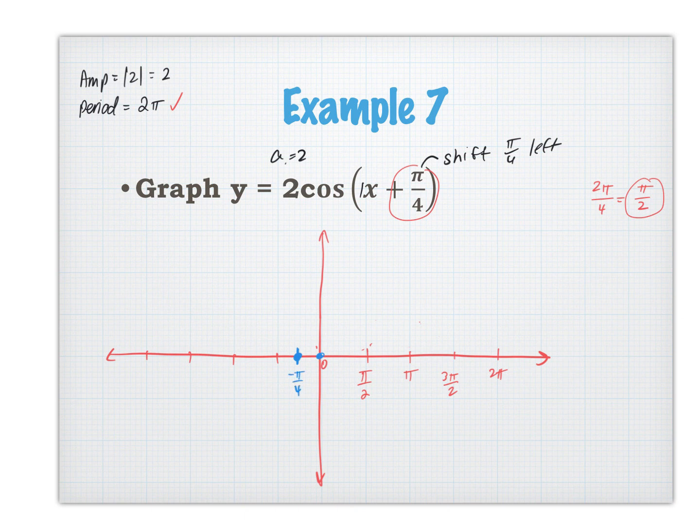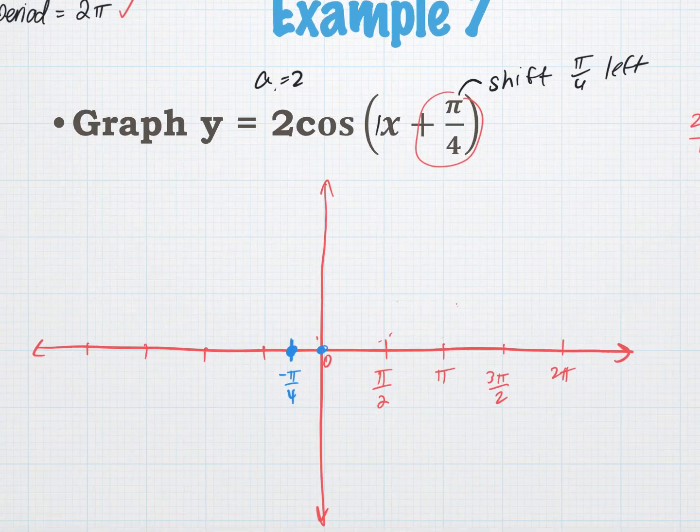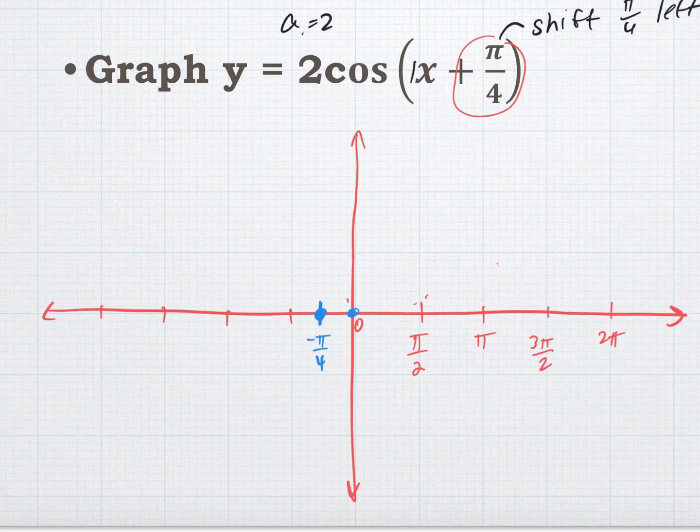Once I find that first point, I know that all my other points are going to be pi over 2 units apart. So, for example, for my next point over here, I'm going to add to this negative pi over 4 a pi over 2 units, which is the same as 2 pi over 4, just to have the same denominator.